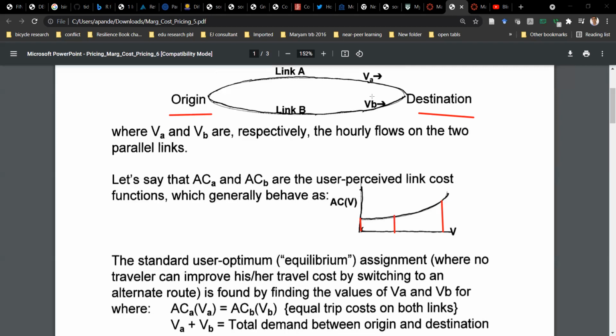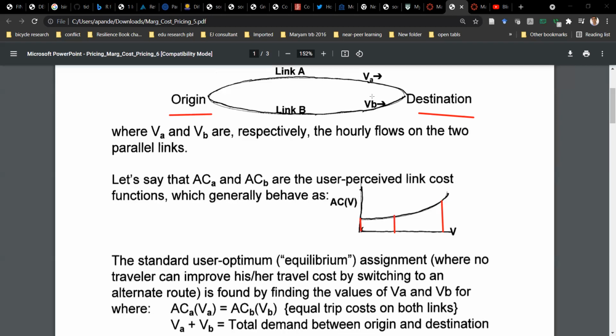So I'm going to choose link B now. Now people start taking link B, and link B will become congested, and then people will switch back to link A. And this will keep happening. As more people get added, they'll keep switching routes to minimize their travel time. But at some point, an equilibrium might exist, and we call it the user equilibrium.